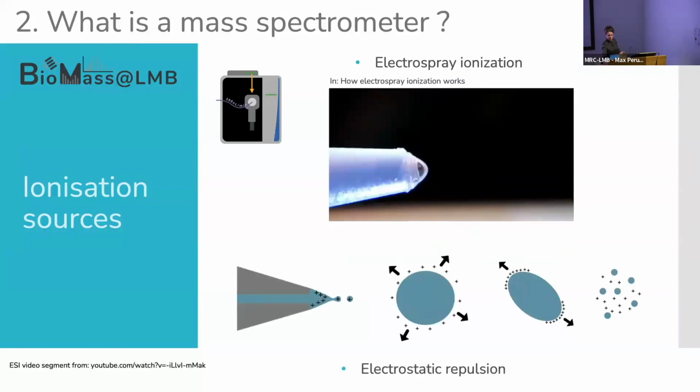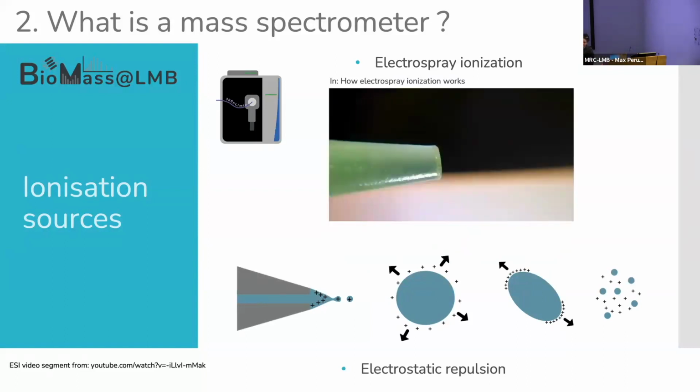So how does electrospray ionization work? You can see here, in the emitter, imagine that you have a very thin metal capillary in the front. We apply high voltage, around 2 to 3 kilovolts. It's quite high, quite dangerous. But your analytes are already ionized, because at this stage, if you are working with proteins, they are at pH 2.